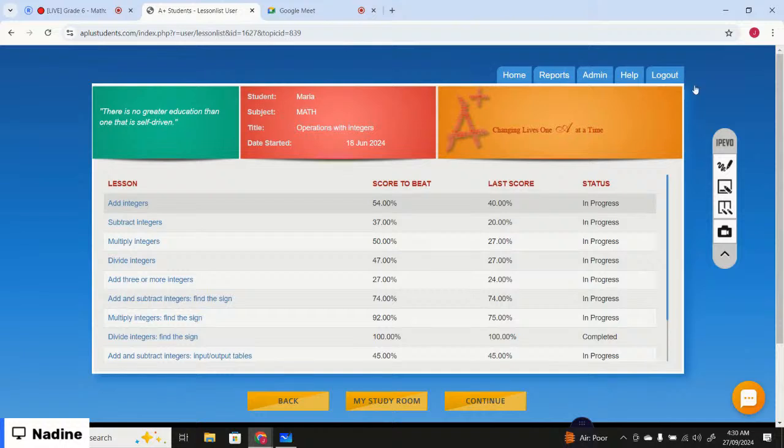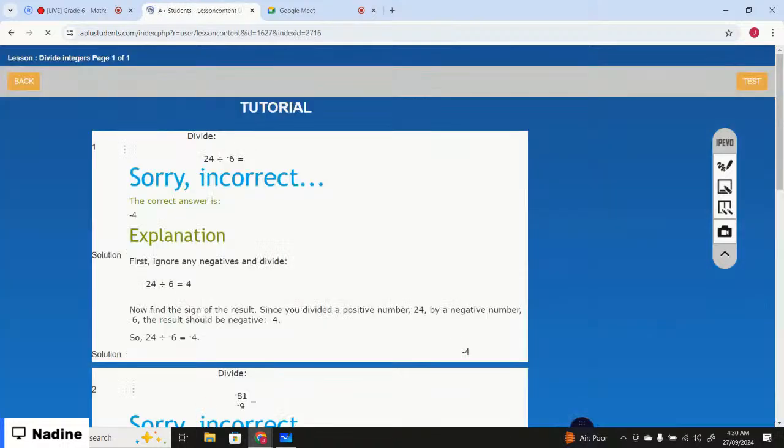The next lesson is divide integers. 24 divided by negative 6.